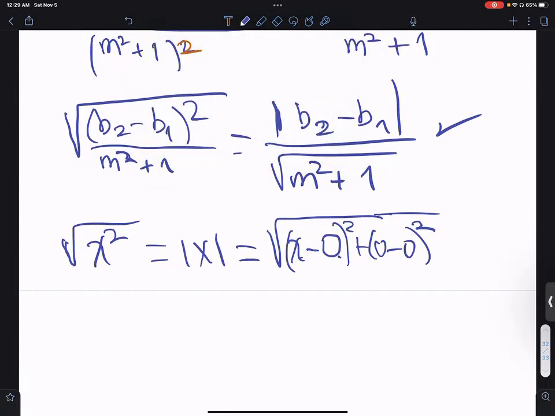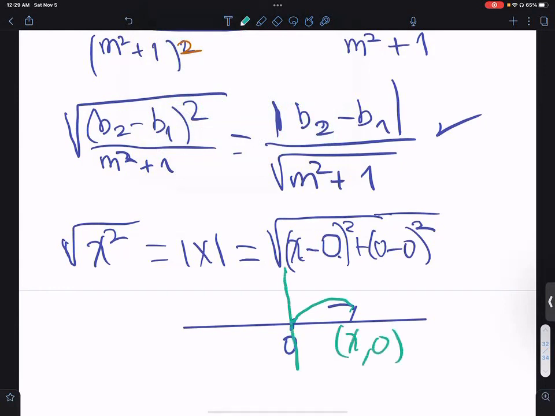This is exactly the distance between any number on the x-axis and 0, right? Because on the axis, your point is not x, it's x comma 0, because there's a y here. And in the plane, 0 is not 0, it's 0 comma 0. And you apply the distance formula here, and you get the absolute value. That's why the square root of something to the second power gives the absolute value. Okay.